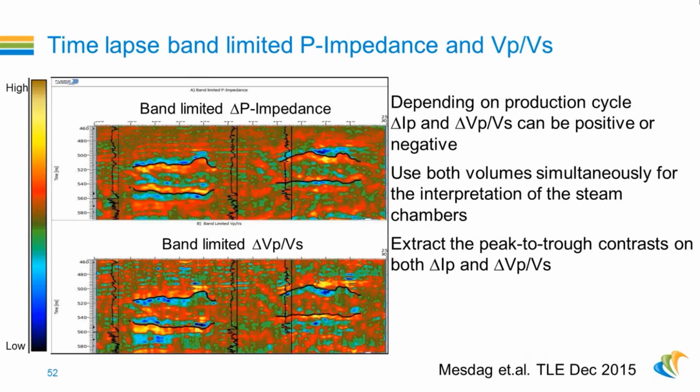So what you do is you interpret on your first pass band-limited time-lapse P-impedance and Vp/Vs, and then you measure the contrast over those interpretations. You extract the values just above the interpretation and below the interpretation, and that will be the contrast over that interpretation.